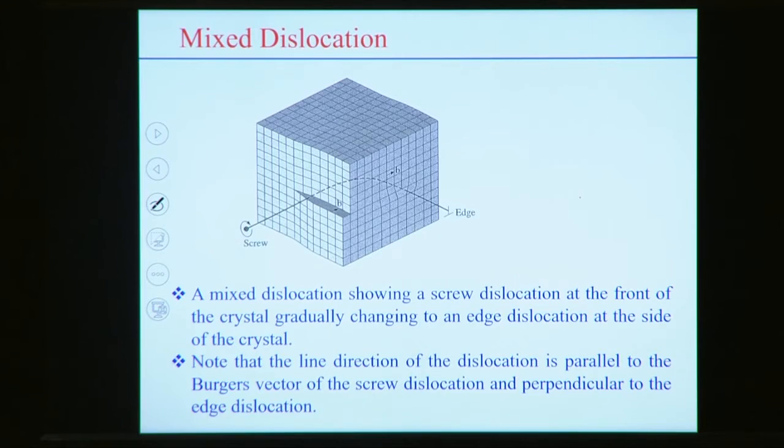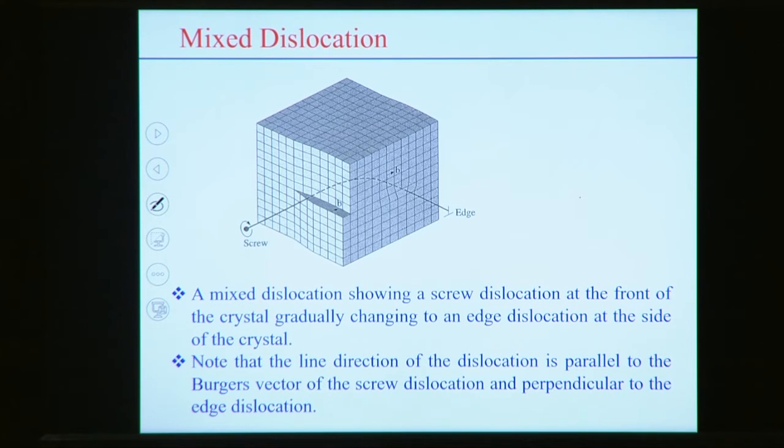So both edge and screw dislocations are characterized in terms of the Burgers vector, and when it corresponds to a full dislocation, it corresponds to one lattice point translation.